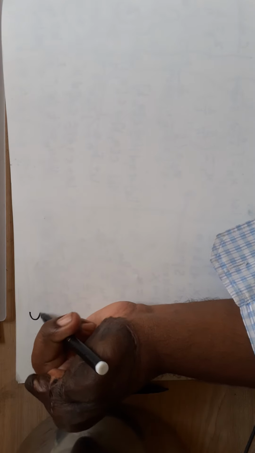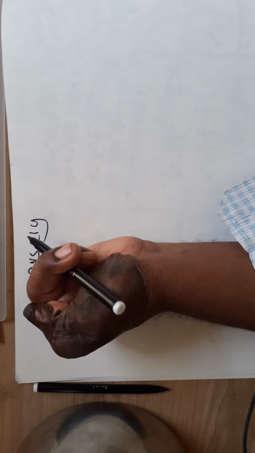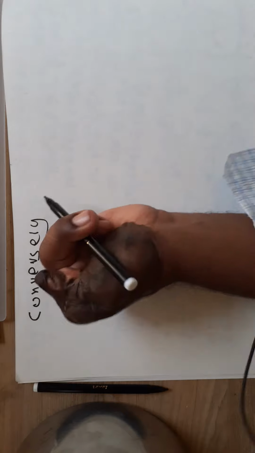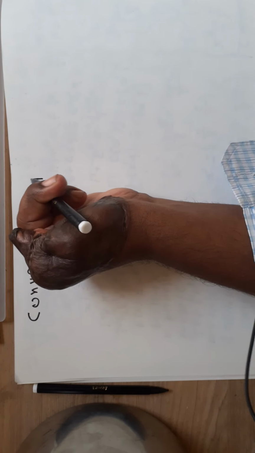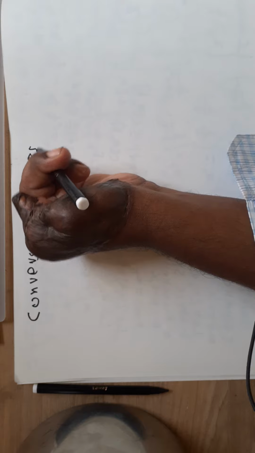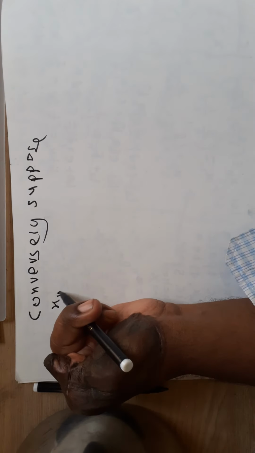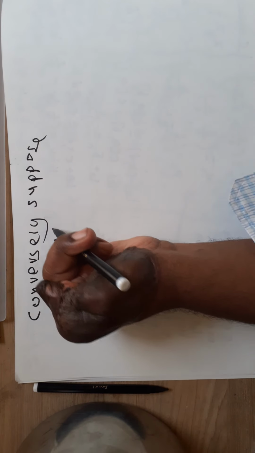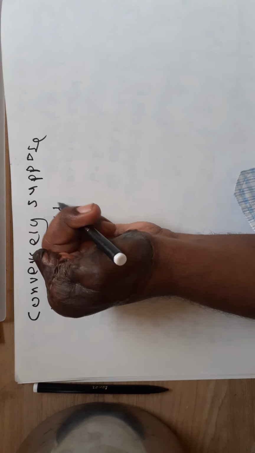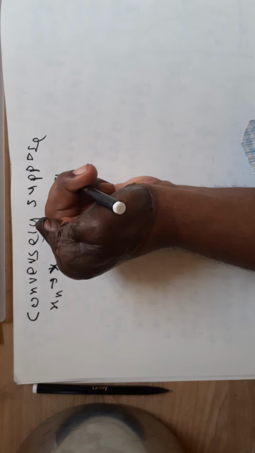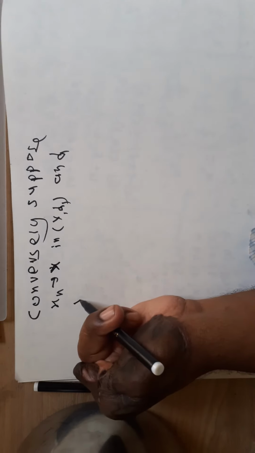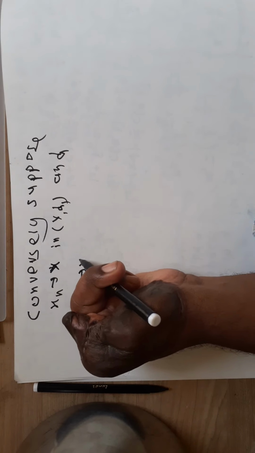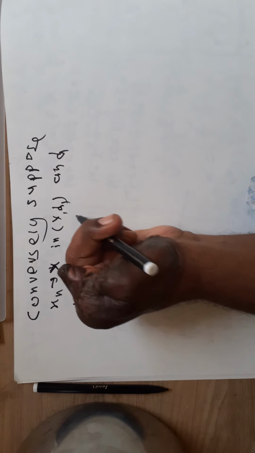Conversely, suppose xn approaches small x in the metric space (X, d1), and yn approaches small y in the metric space (Y, d2).